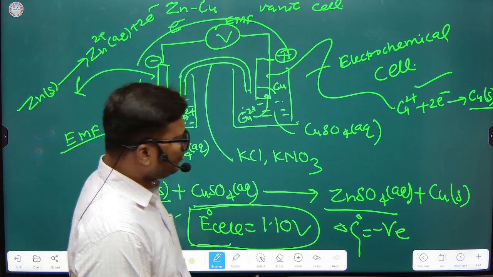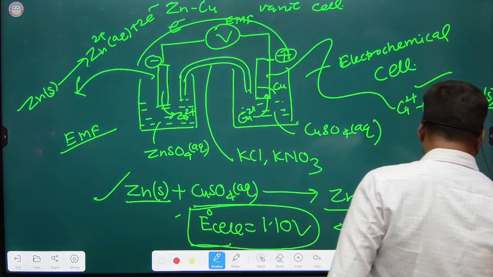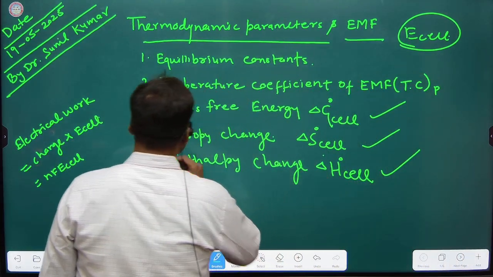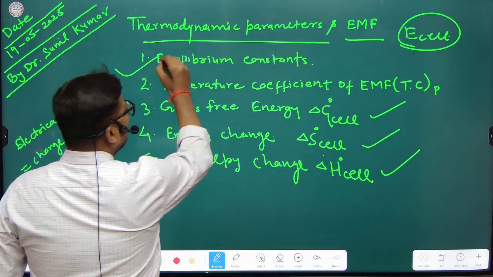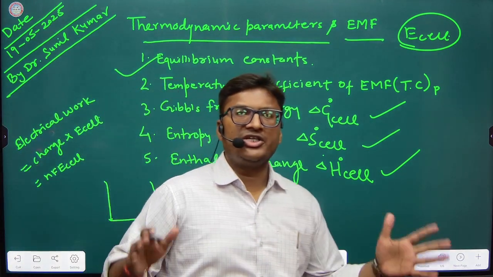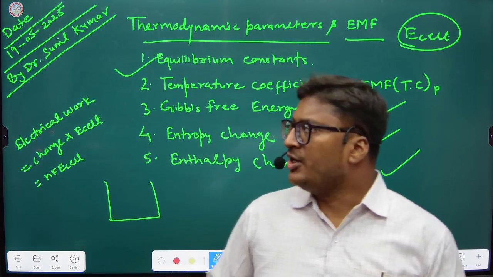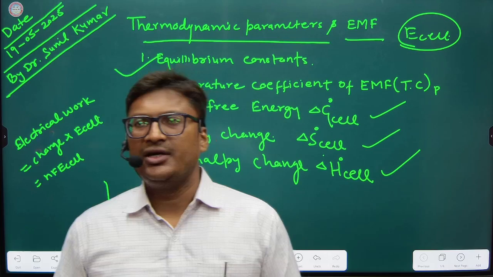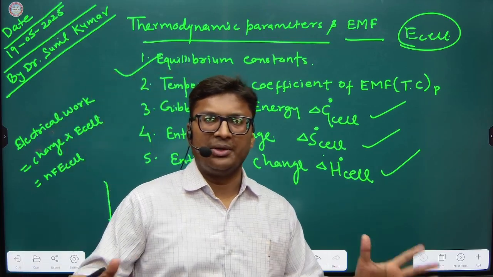So what happens here, we first understand the equilibrium constant. By using the Nernst equation, we will try to understand the role of the equilibrium constant in a particular kind of electrochemical cell.